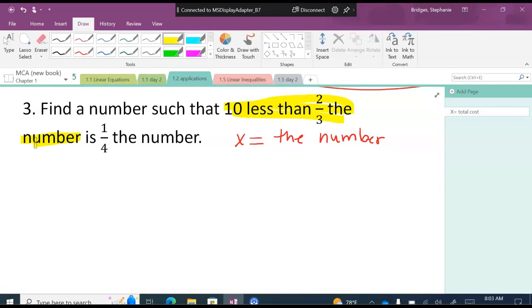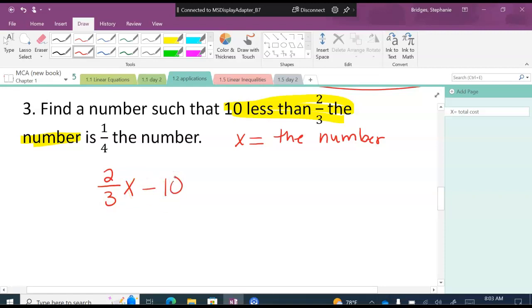Well, how would I write 2/3 the number? What are we calling the number? x. So how do I write 2/3 times the number? 2/3 x, yep. Oops, let me get a pen and not a highlighter. So 2/3 x. And then 10 less than that, what would I do there? Subtract 10.